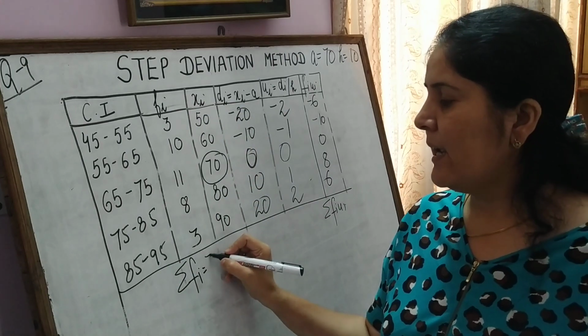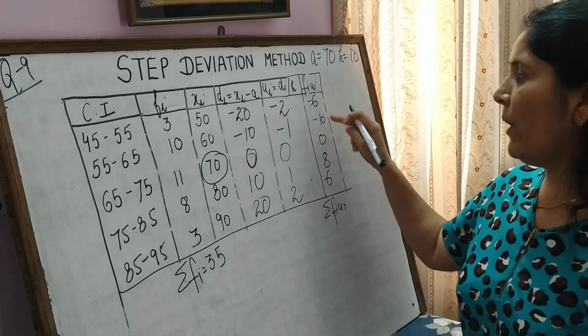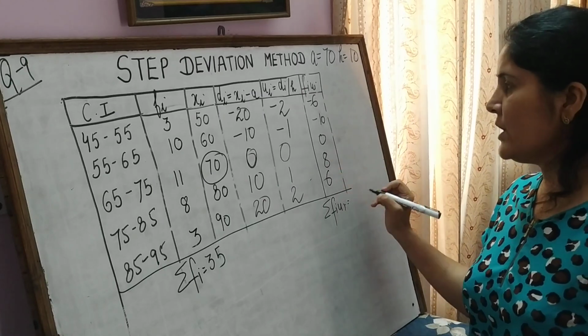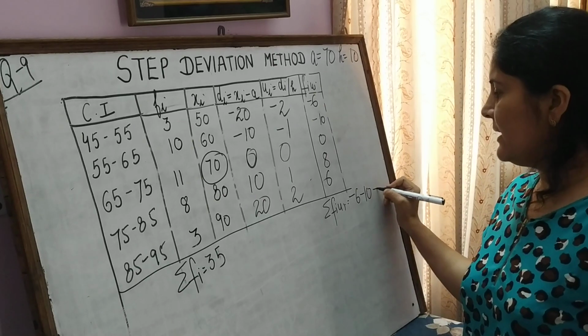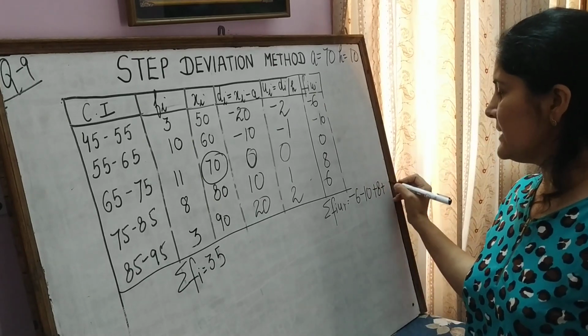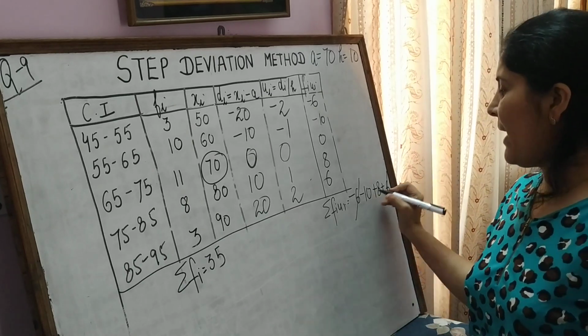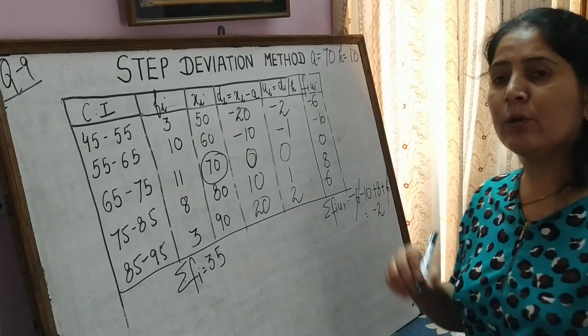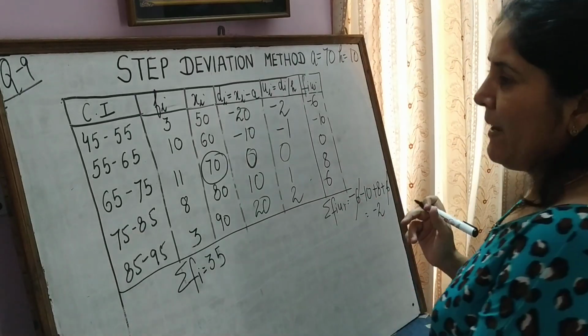When I add, I get sigma Fi as 35. When I add the Fi Ui column, you can see minus 6, minus 10, plus 8, plus 6. We cancel minus 6 and plus 6. Minus 10 plus 8 is equal to minus 2. So my tabular part is finished. Let us apply the formula now.